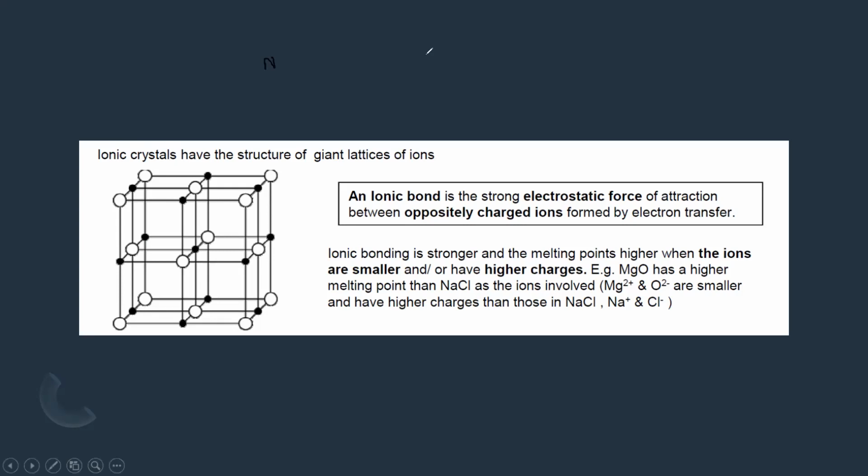sodium chloride and magnesium oxide, which one do you think will have the higher melting point, sodium chloride or magnesium oxide?